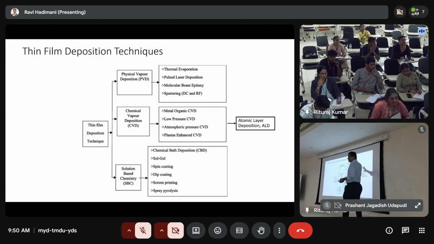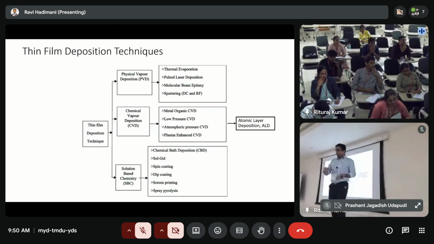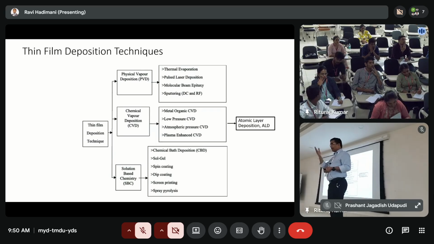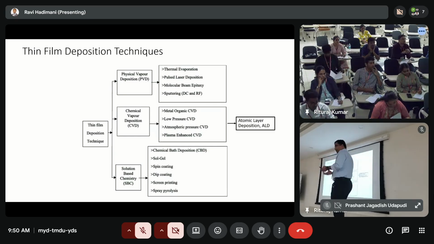So this is physics based. You either use thermal, just heat it up, or a laser, or an electron beam, or ions to eject atoms from target material, and those atoms go and deposit. We'll see some of them.